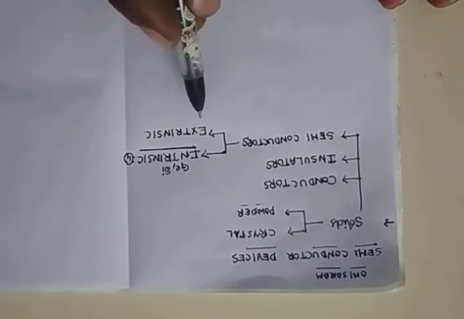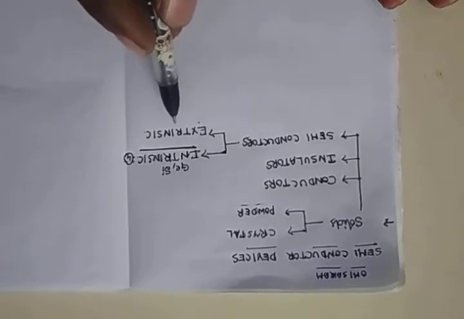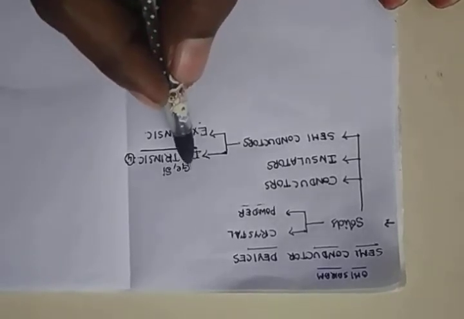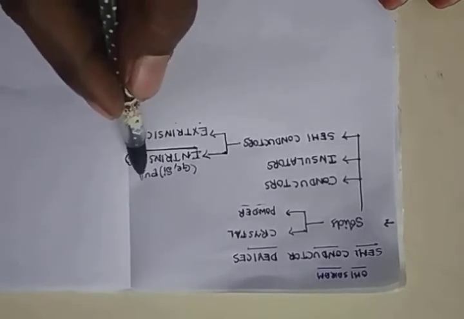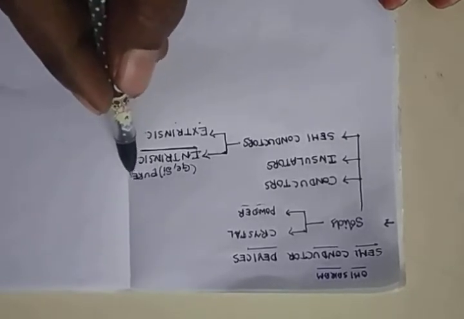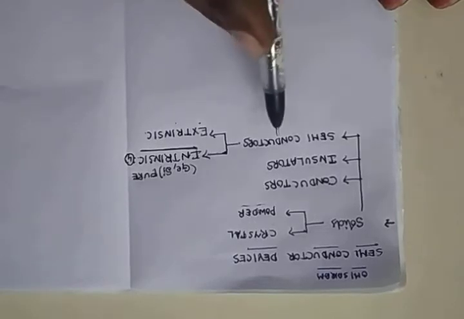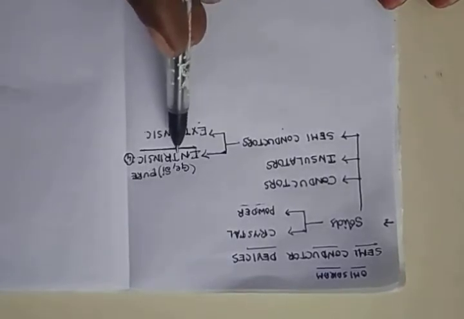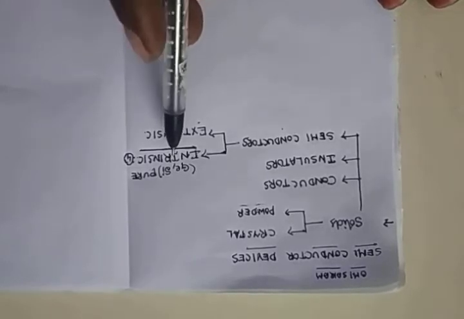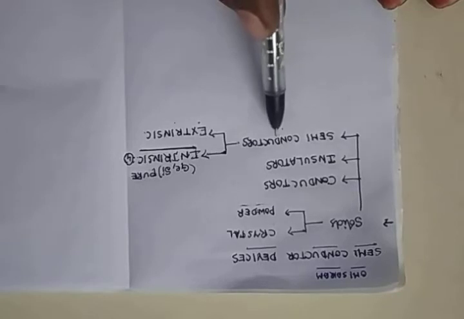So what is extrinsic? This intrinsic is also called pure. So the semiconductors which are in the pure form are called what? Intrinsic semiconductor.